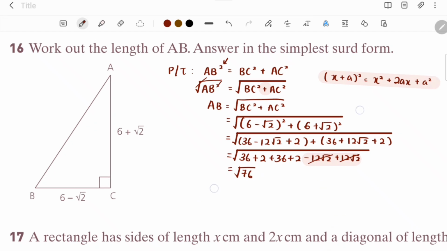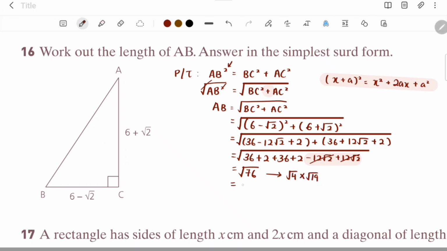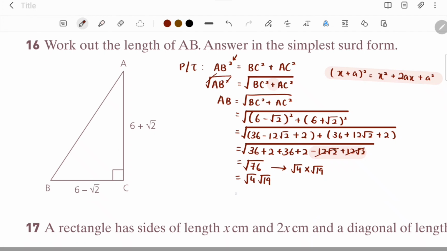This one, simplest surd form. This one is a surd, but still not simplest yet. So let's see, 76, this one can actually be converted to surd 4 times surd 19. 19 is a prime number, so it cannot be further divided. 4 can be square rooted. So square root of 4 is actually 2, and then copy back down surd 19.